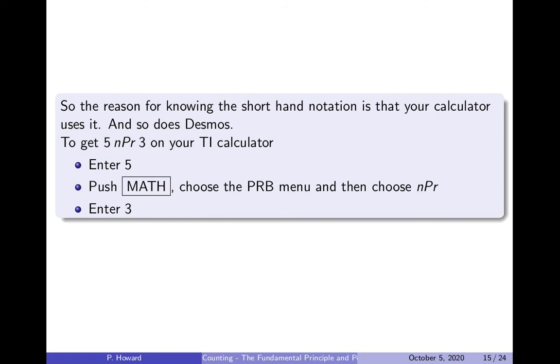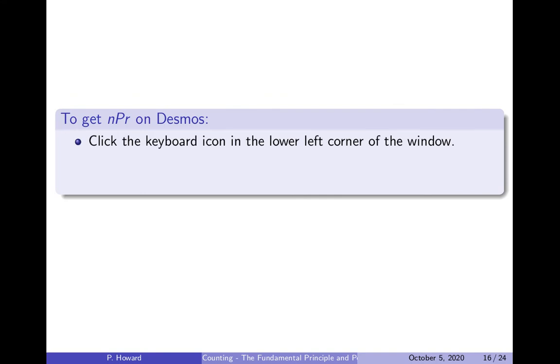Let's just look quickly at how you would do this on Desmos. So you click the keyboard icon in the lower left corner of the window. So you're on the Desmos home screen. Down in the lower left corner is a little icon that looks like a keyboard. You click on that, and a window will open up.